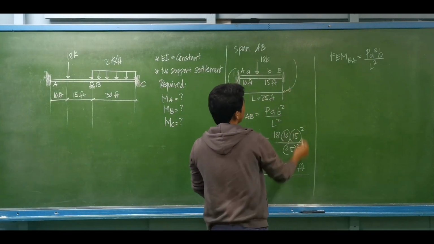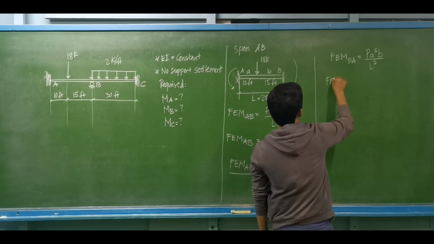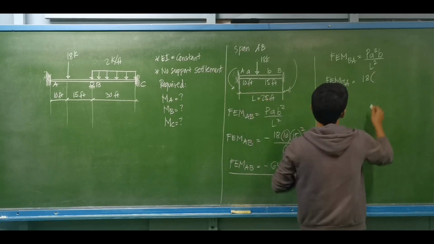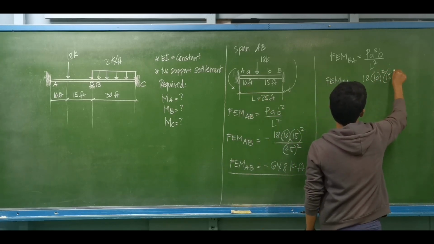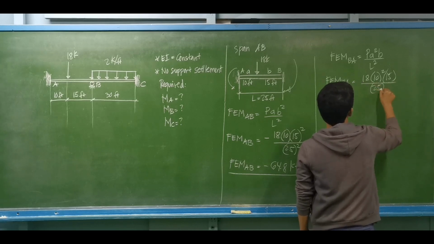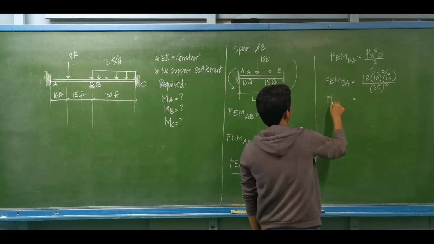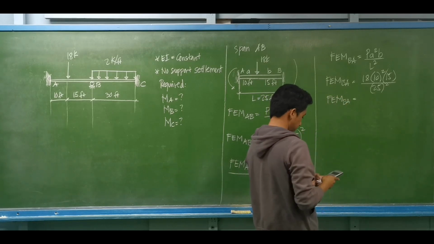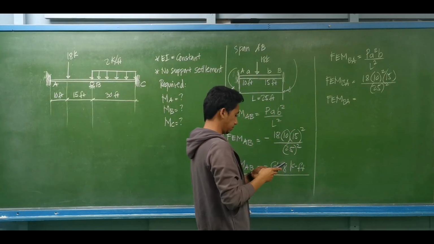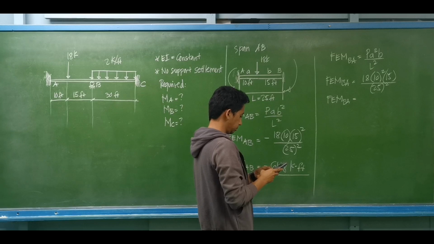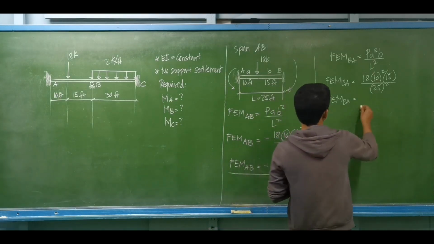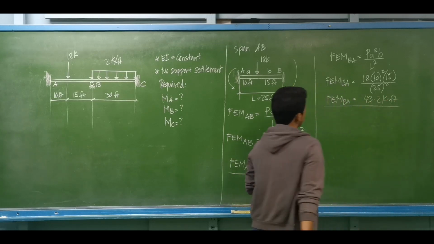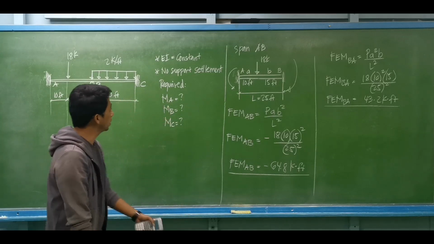So we have 18 times the distance 10 squared, times 15, divided by 25 squared. We have positive 43.2 kips-foot. Alright, so we have the fixed end moments for member BA and member AB.